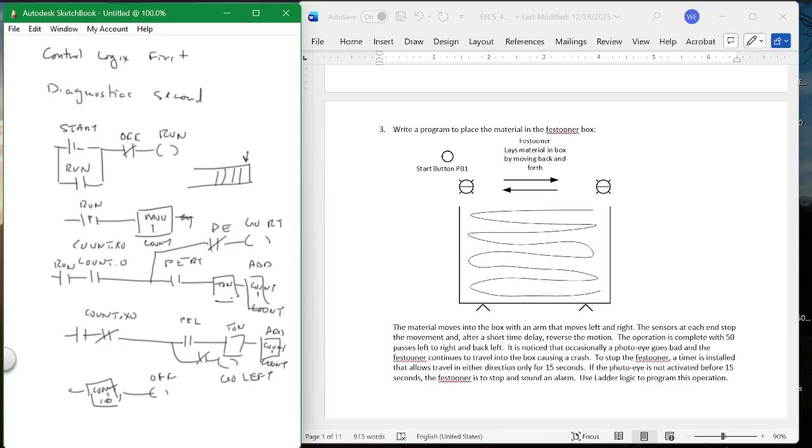Okay, so what's the other part of this? If you're running and a photo eye is not activated, so you're going to the left, and the photo eye doesn't get activated for 15 seconds. You've got a timer that sits here and says, I'm going to the left, and there's a photo eye that doesn't get connected for 15 seconds. Okay, so no photo eye, and you get 15 seconds in there, that's an error, right?